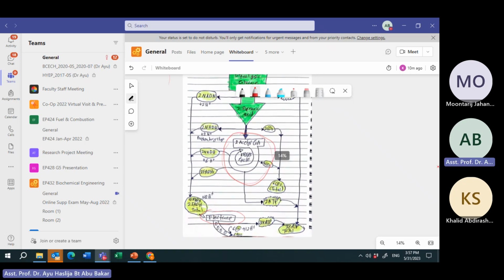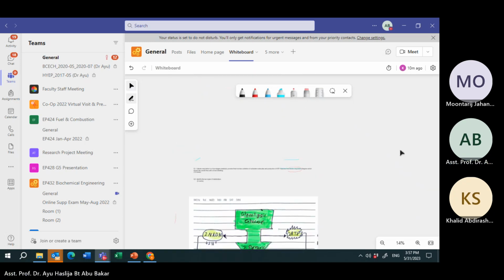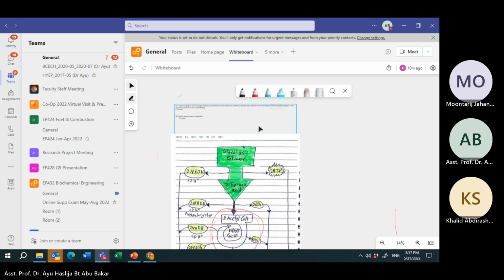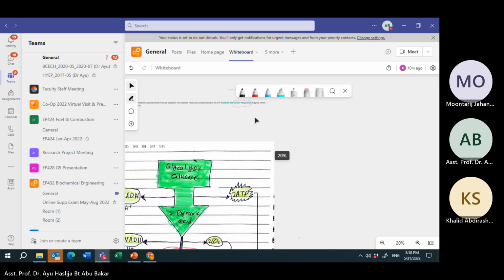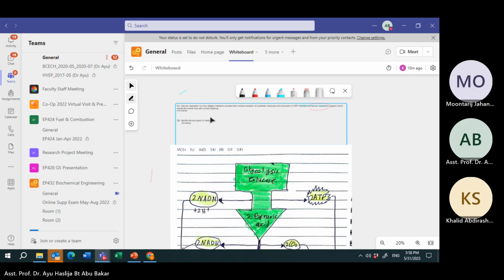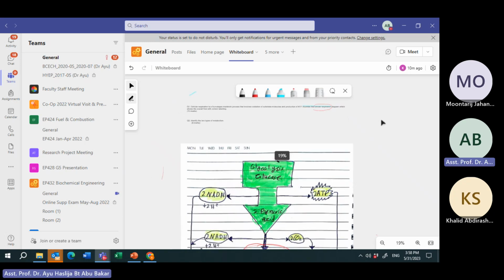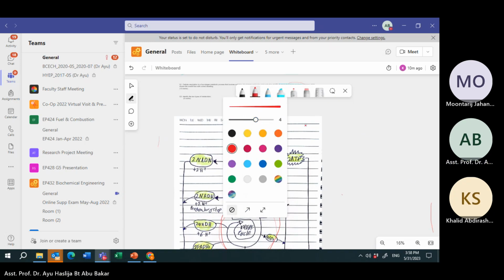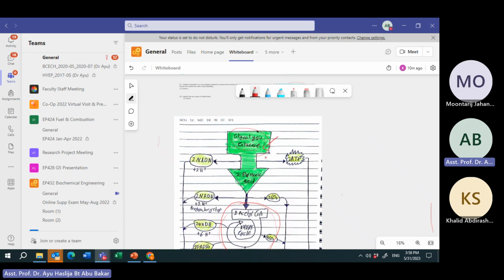So for the correct labeling here, you must do the correct labeling on what this part is. Okay, glycolysis, it involves the glucose. Okay, involve the glucose part.